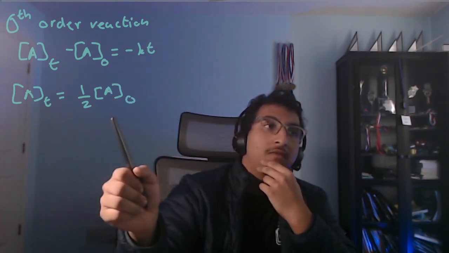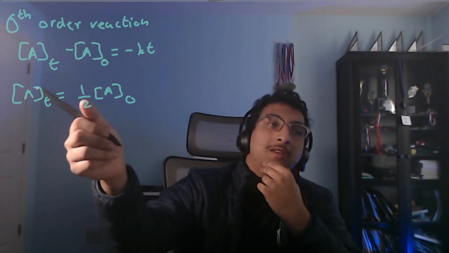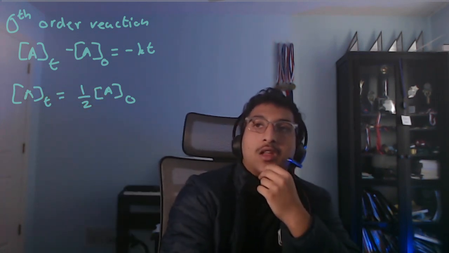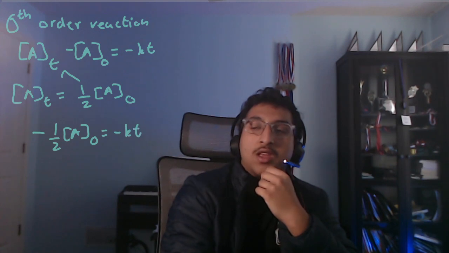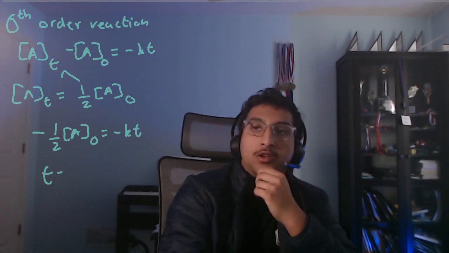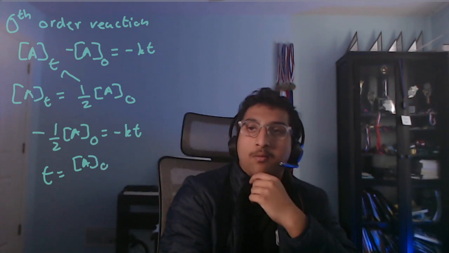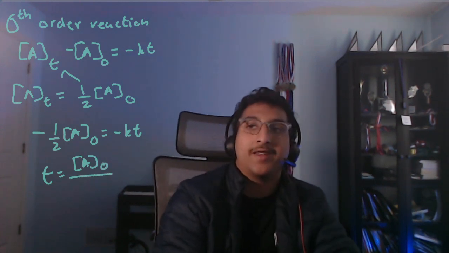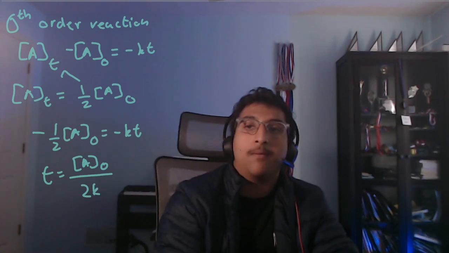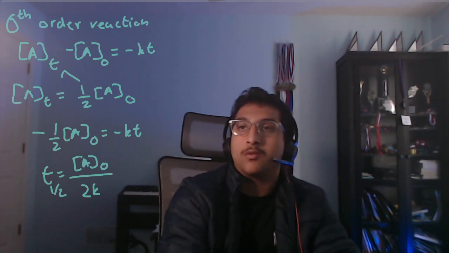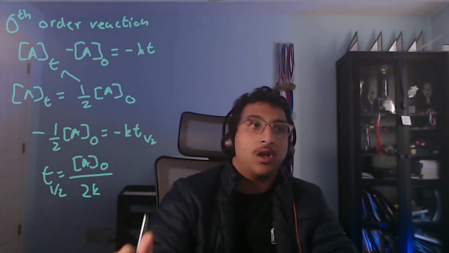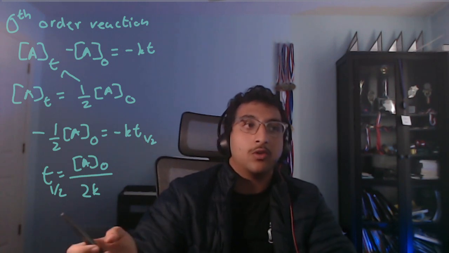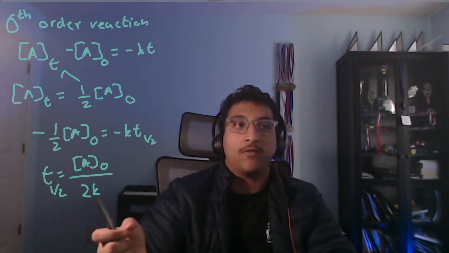So you would just plug in A of t, and after some simplification, you get negative 1/2 A0 is equal to negative K times t. I'm rushing this a bit, but you can try it out algebraically and see that this is correct. Solving for t, since this is the half-life, t 1/2 is going to be the initial concentration over 2 times K. So this is your half-life.